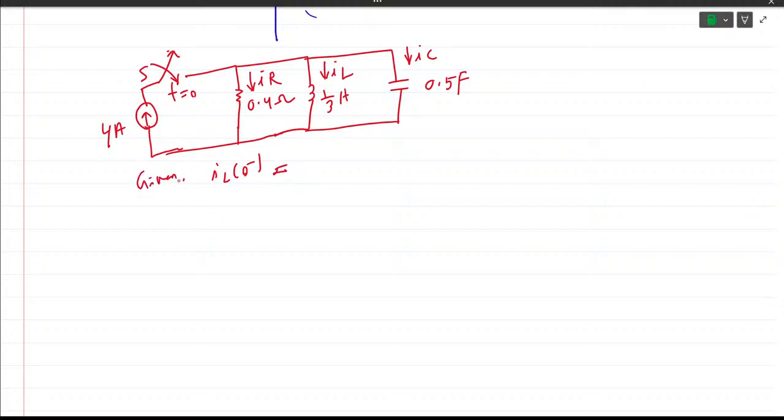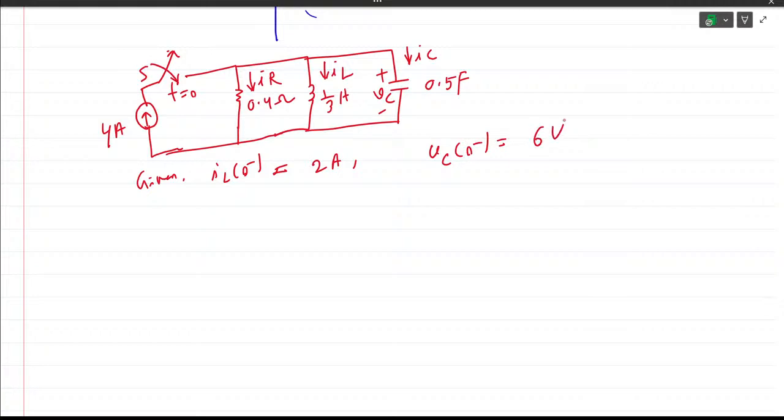The question says that you have been given initial values. IL0 minus has been given as 2 ampere, and this is your VC polarity also. VC0 minus has been given as 6 volt, right?